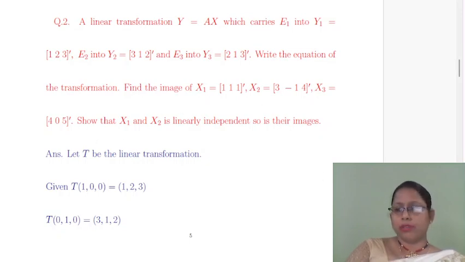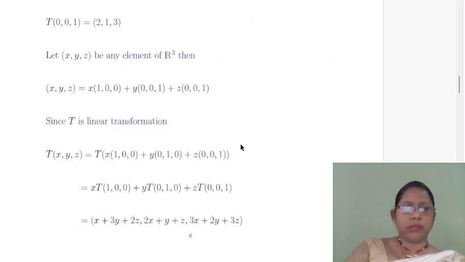So find the T image of these using the linear transformation above. Putting in (1, 1, 1), the T image will be 1 + 3 + 2, that is 6, then 2 times 1 + 1 + 1, that is 4, and 3 times 1 + 2 times 1 + 3 times 1, that is 3 + 2 + 3, which is 8.